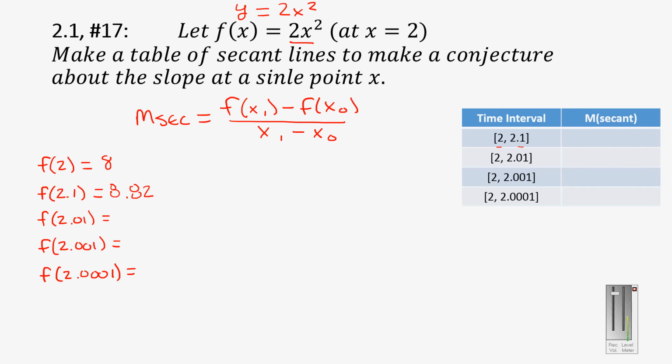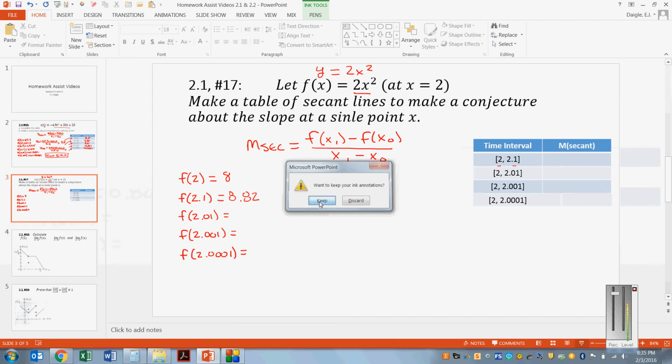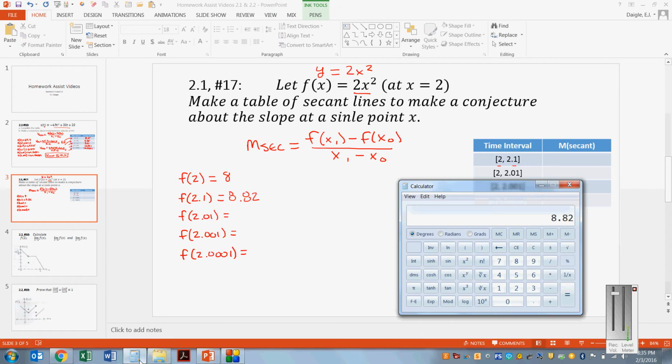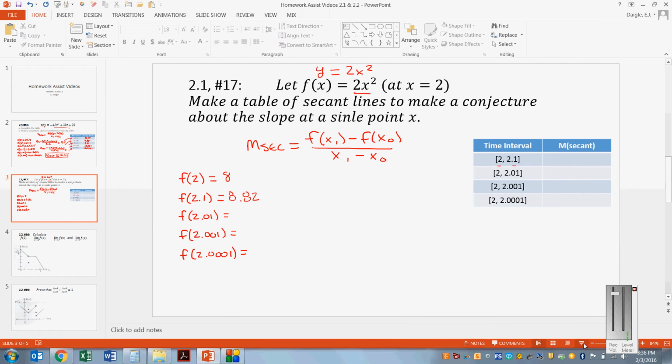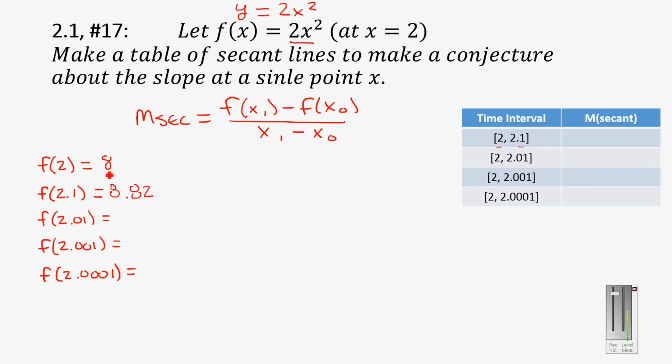And then I could go back and do another one here just to show you one more. If I want to do f of 2.01, well, it's 2.01 squared multiplied by 2 again. It's 8.0802.